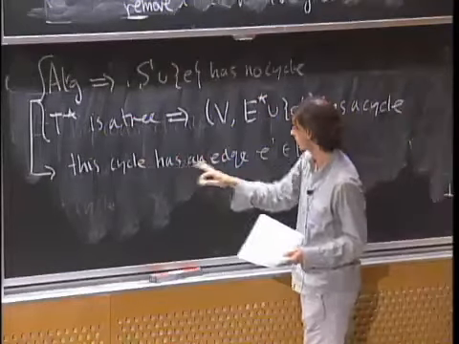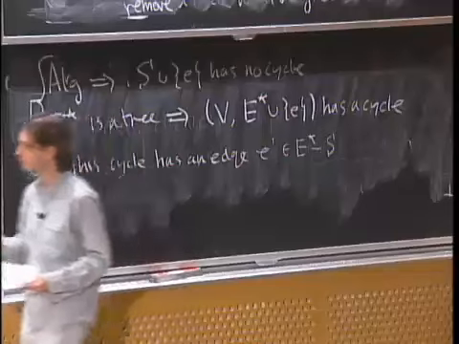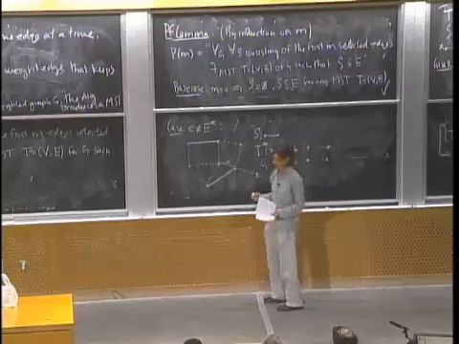So this cycle must have an edge E prime that is outside S, but still in E star.